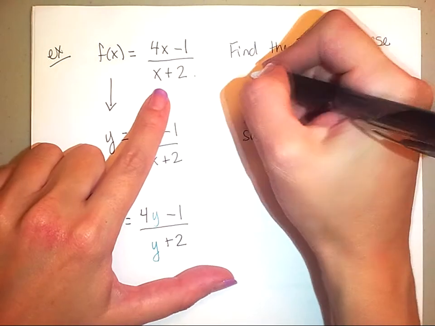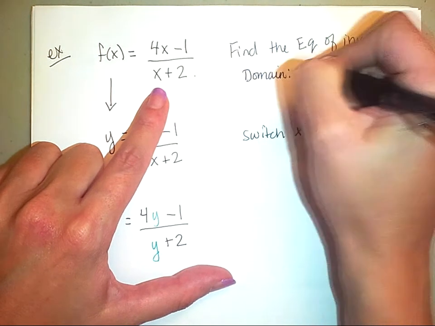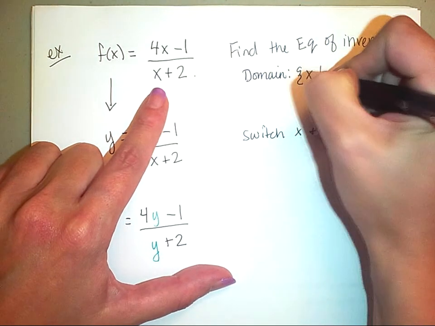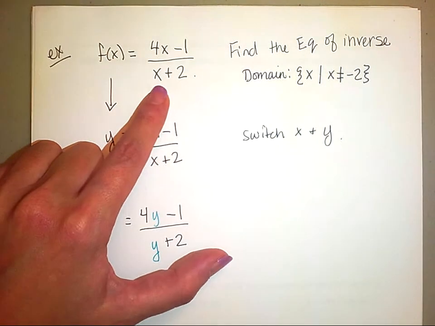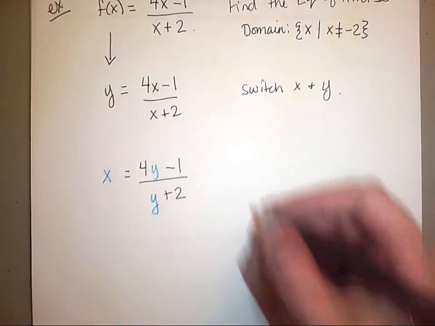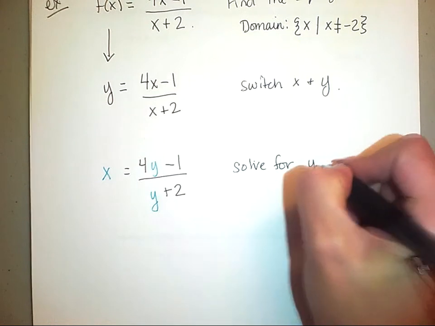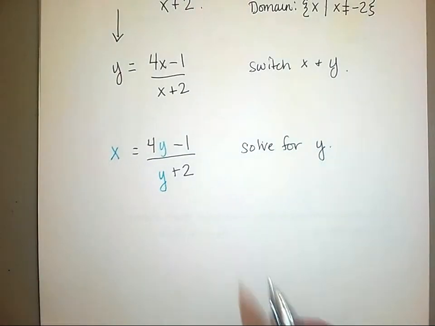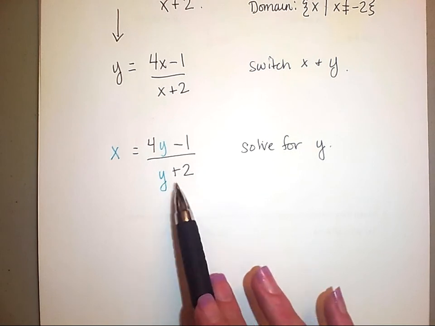Before we move any further, let's make sure we know about this. We know then that the domain for this rational function is the set of all x such that x cannot equal 2. We just have to exclude 2. Now let's solve for y. The trouble is that I have two y's, and one of those y's is in the denominator.